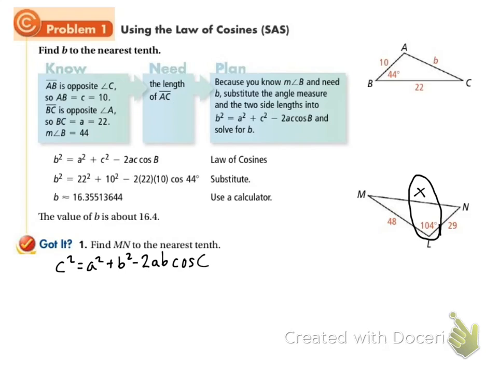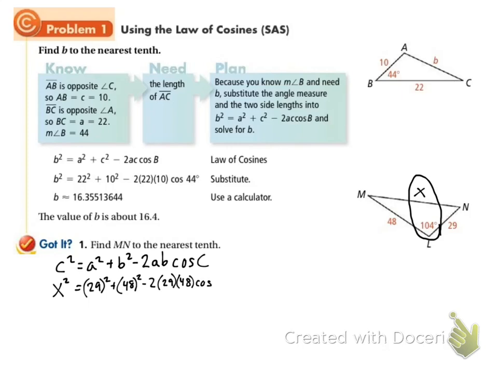So my X is going to go in for my C, so X squared. And then it doesn't matter which side you choose for your A and your B, so I'll just plug in 29 for my A and 48 for my B. Minus 2 times 29 times 48.